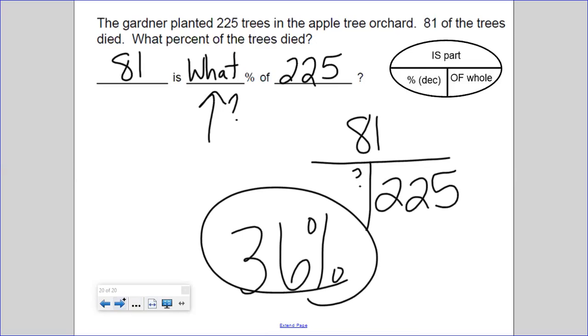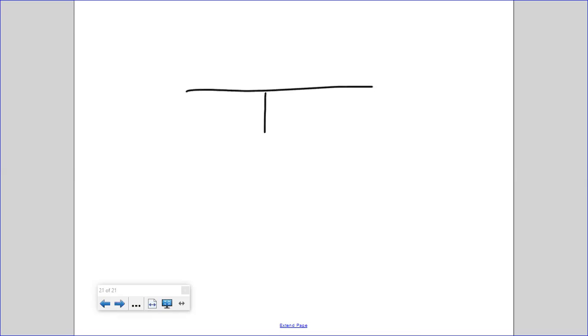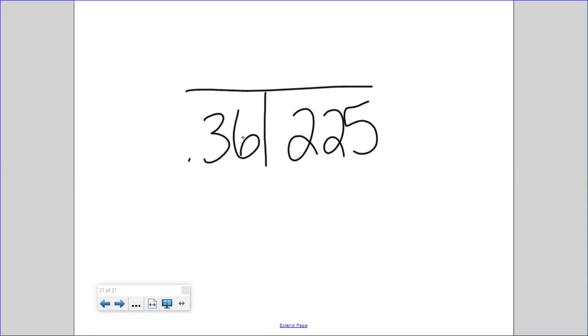Okay, guys, so really when you have anything like this, if you're given the percent, like let's go back, you could even do it backwards. Let's say you were given that 36% of the trees died. If there were 225 trees, you multiply them. Oh, 0.36 times 225. There we go. 81 would be how many died.